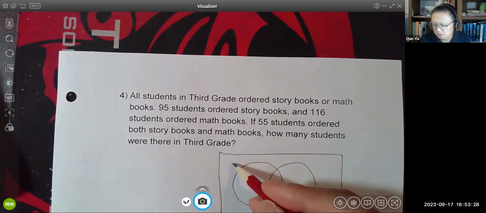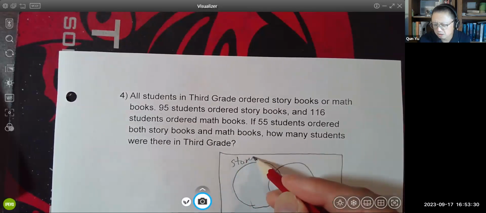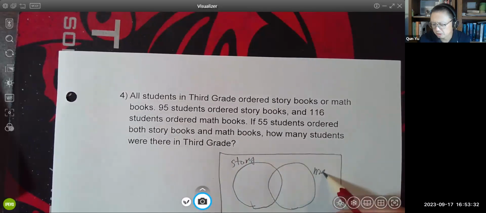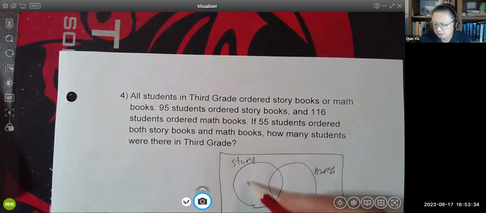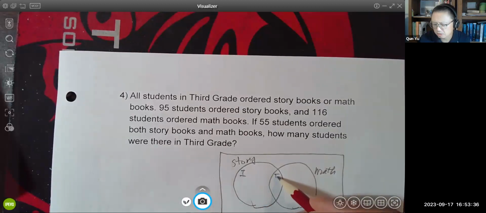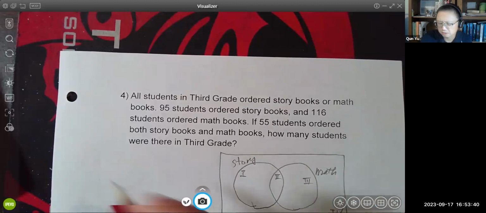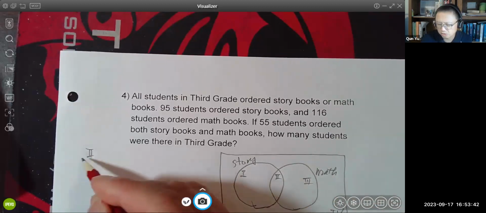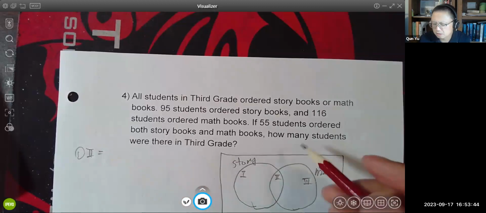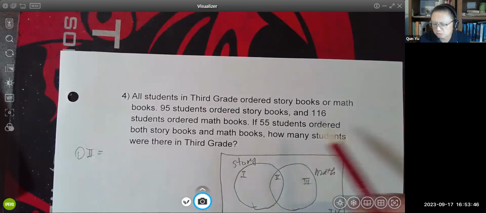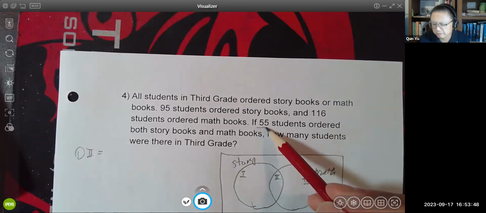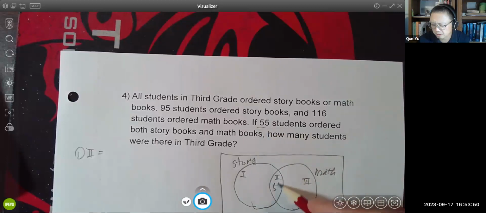So storybook, math book, right? And as usual, this is region 1, region 2, region 3, and region 4. Let's fill in data. Region 2 represents those who ordered both, right? That's 55. I'll put 55 here.